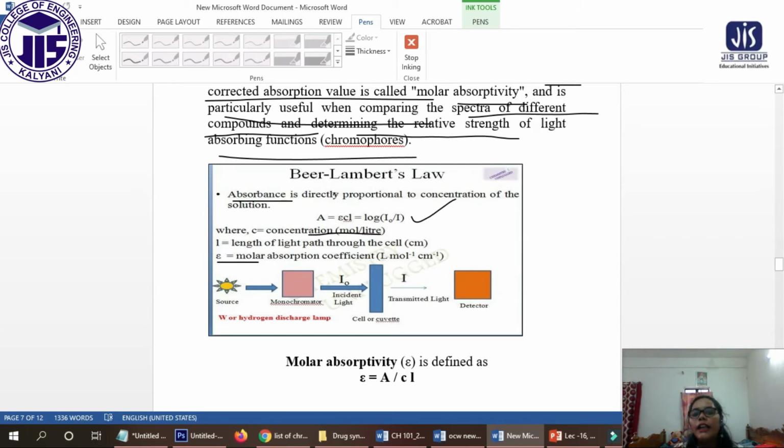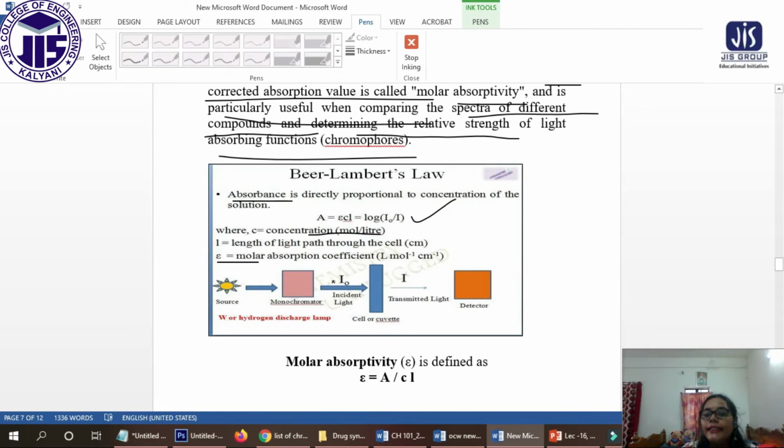So according to the Lambert-Beer's law we can know this. This is the source of monochromatic light, which is incident on the sample, then the transmitted light, and this is the detector.